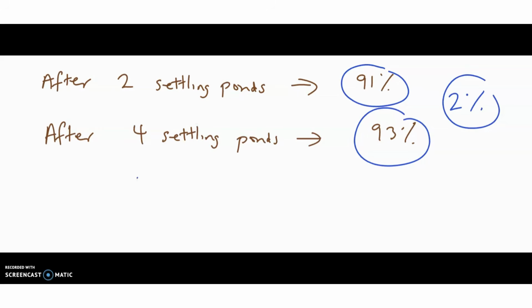Using what we call the ALARP principle, as low as reasonably practicable, that means you can reduce the amounts of total suspended solids as low as reasonably possible. If you follow that approach, you can be minimizing, sorry, I should say maximizing, the amounts of components that are prevented from being washed out into the waterways.